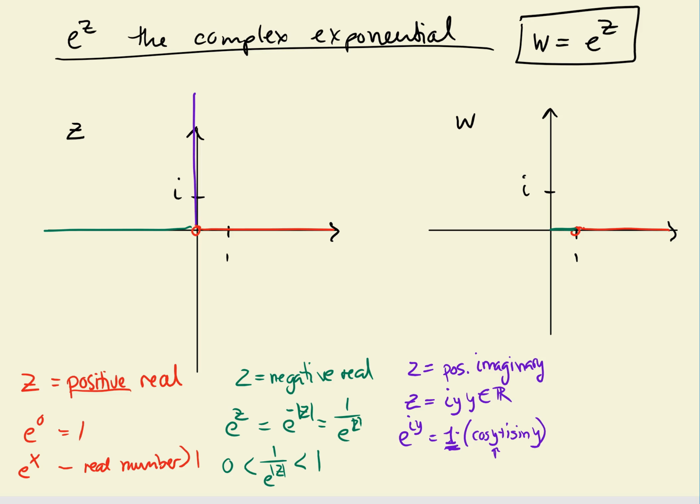So obviously we are on the unit circle because the distance is constantly 1, and as y changes, then the argument changes. So this actually describes a circle on the unit circle. It's supposed to be a circle here, going all the way to pi as our z value goes to, well, i pi somewhere up here. So let's just mark that by a triangle here, and we'll do the same over here.